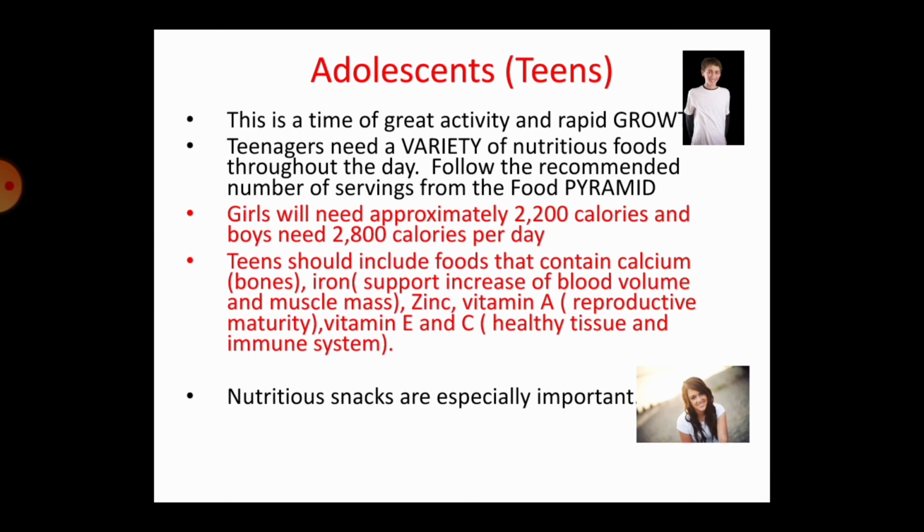Teens should include foods that contain calcium and iron. Especially girls should take increased iron because of menstruation. Zinc and vitamin E are needed for reproductive maturity, and vitamins E and C for healthy tissue and immune system. Nutritious snacks are especially important.